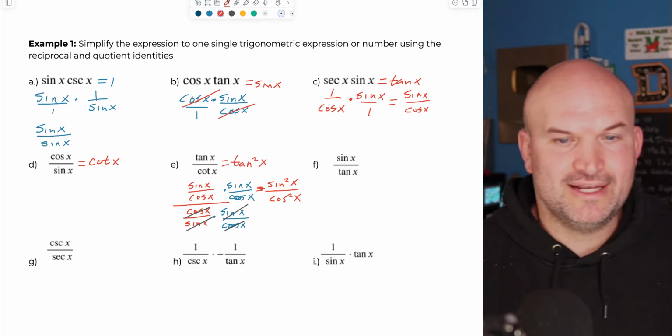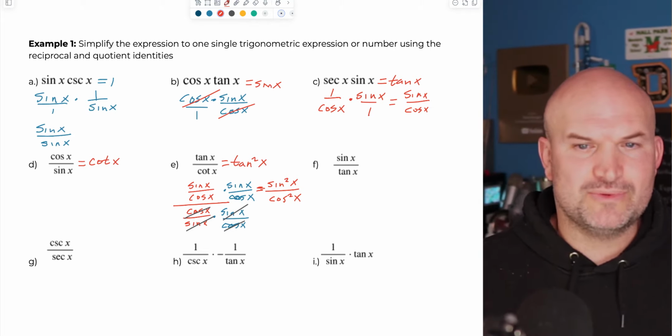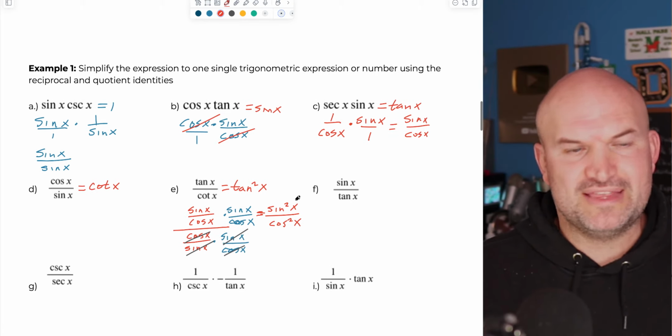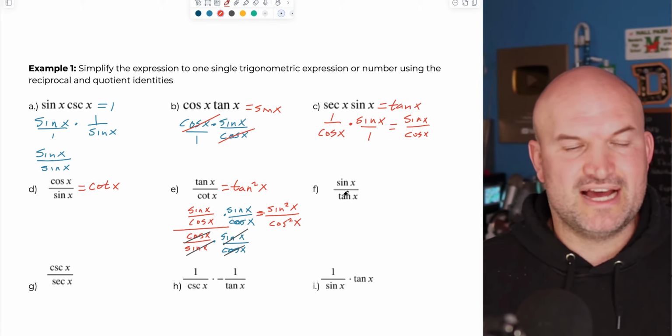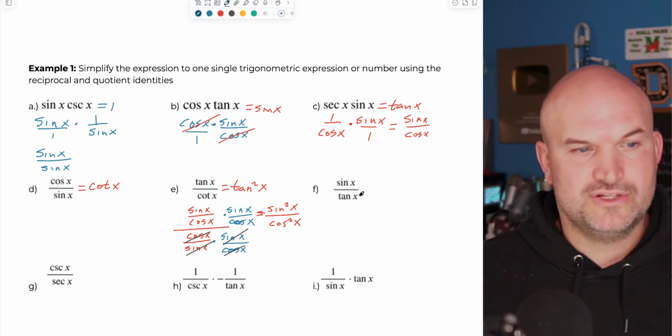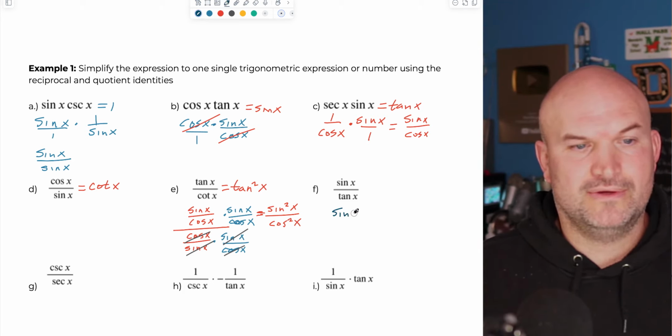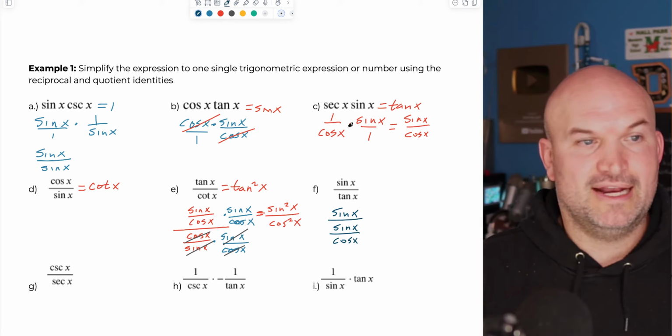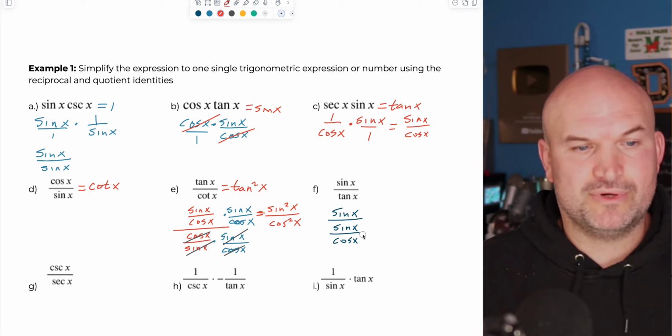Now let's take a look again at this one. Same kind of idea, right? Your same thinking here is I can rewrite tangent as a sine over cosine. So let's go ahead and do that. So I'll have sine of x divided by a sine of x over a cosine of x. And again, I'm just going to multiply by the reciprocal.